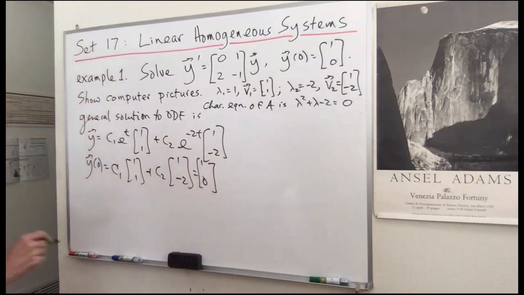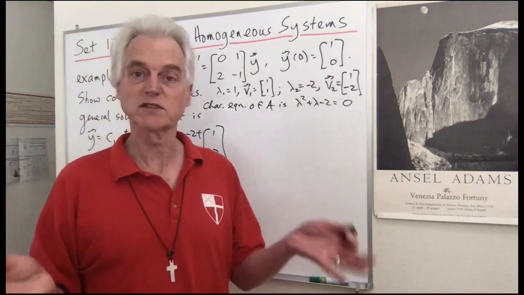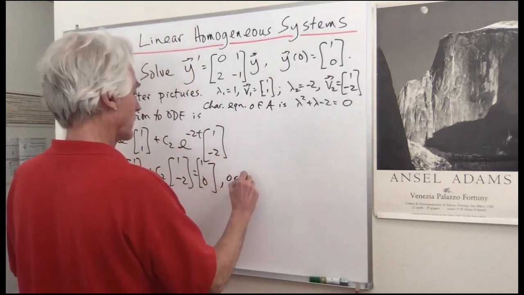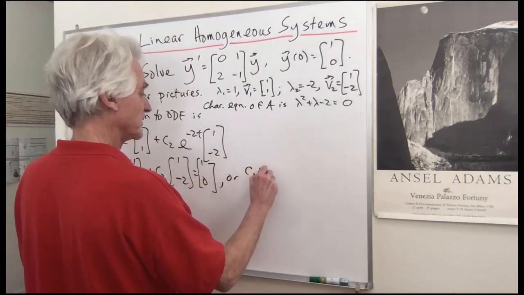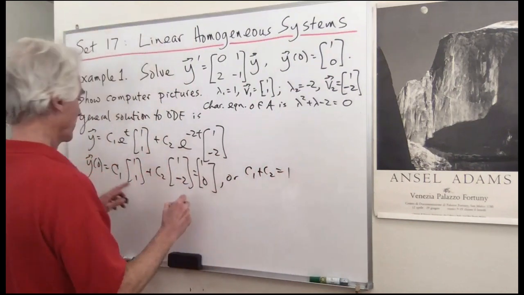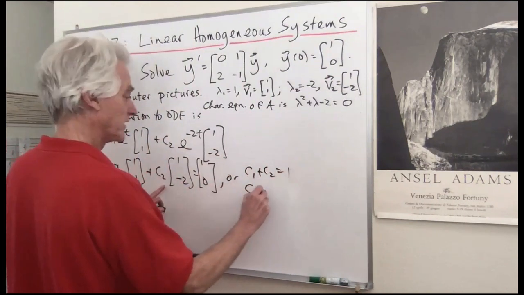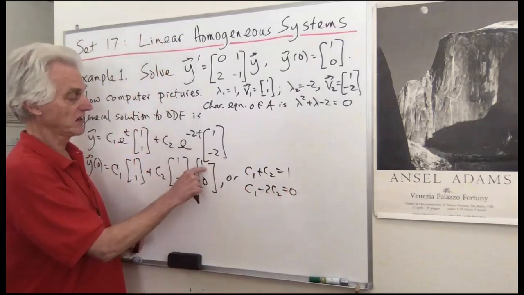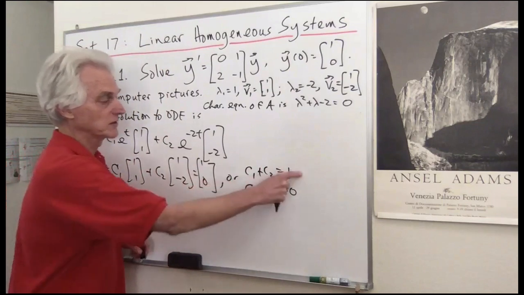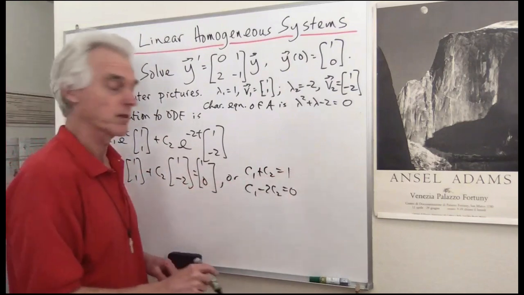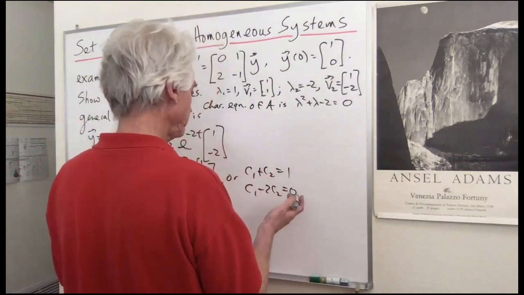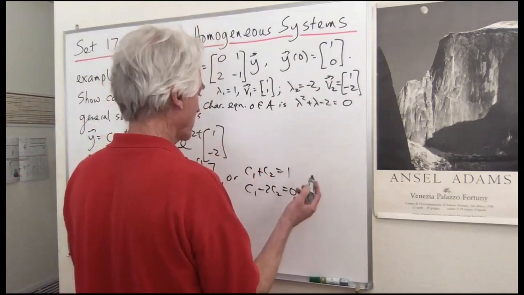Right? So I told you that's really an equation for c1 and c2. What is that equation? c1 plus c2 is 1, and c1 minus 2c2 is 0. If I had any other numbers besides 1 and 0, they just go on the right. Okay, so now I have to solve this. There's a lot of ways I could solve it.